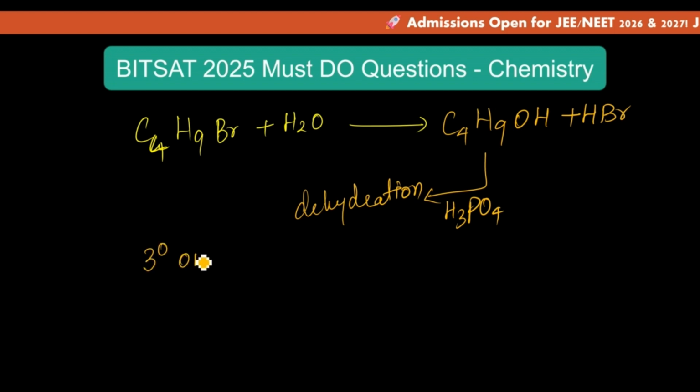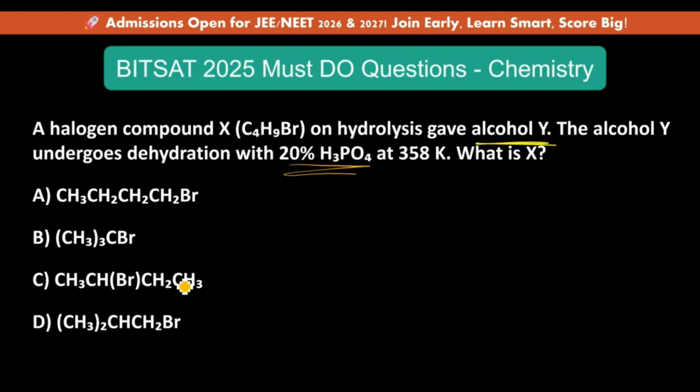First of all, tertiary alcohol, then comes secondary, and then primary. Right, tertiary takes place first, because the easy dehydration in this mild condition is a tertiary one. So among these, which is tertiary? This is primary, this is tertiary, this is secondary, and this is primary. So option B would be your right answer.